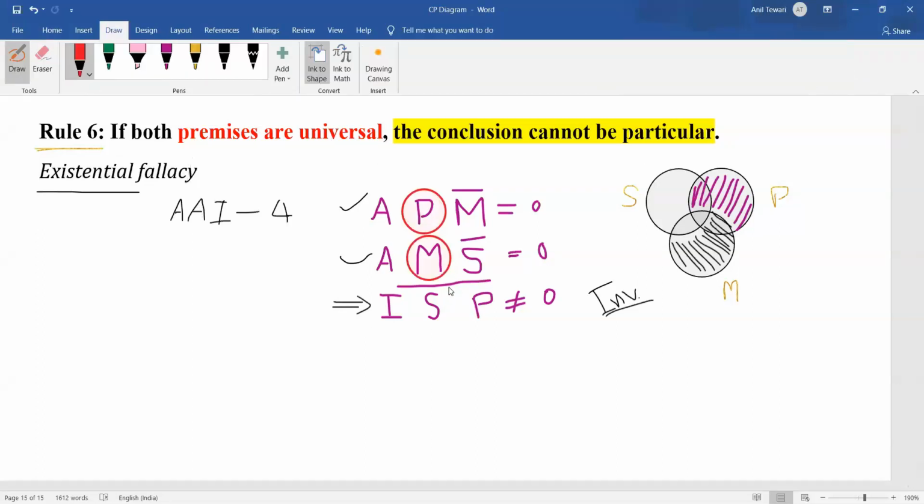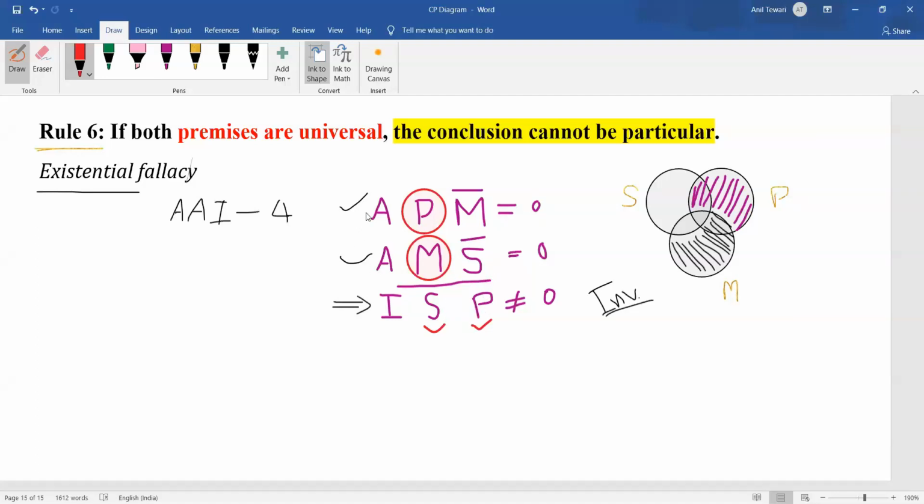So these are the distribution statuses, right? Middle is distributed, predicate is distributed. So middle is distributed once, so the second rule is intact, not violated. The third rule says that if any term is distributed in the conclusion, then it must be distributed in the premises. No term is distributed in the conclusion, so there is no requirement and no violation of the third rule.